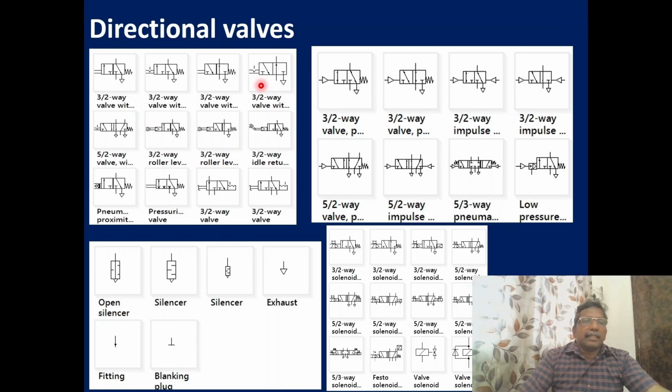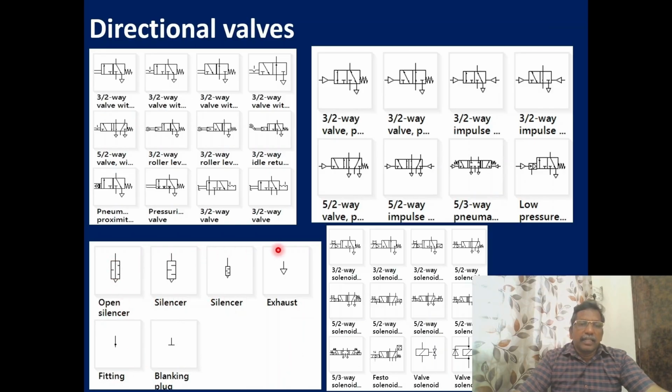Similarly, you can see 3 by 2 valves, push button with return, manually operated pneumatics. So any number of symbols are available for the components. Different valves we have: solenoid, electrical valves, pilot operated valves, then manually operated and mechanically operated valves.